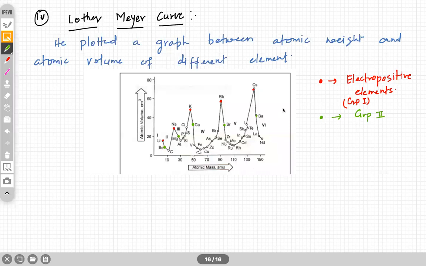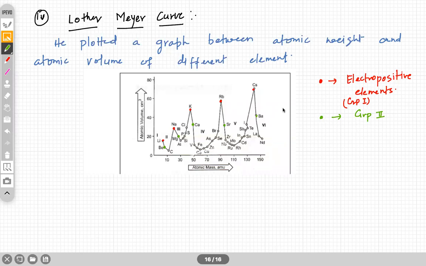And he suggested, write down, on the basis of Lothar-Meyer curve, he concluded that the physical properties of the elements are the periodic function of their atomic weight.